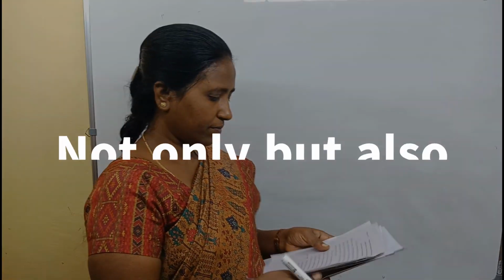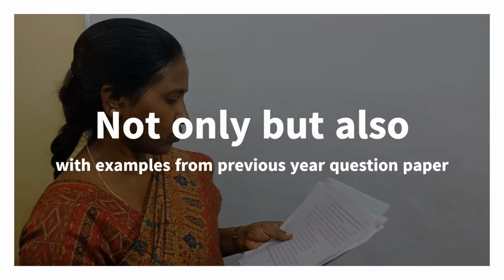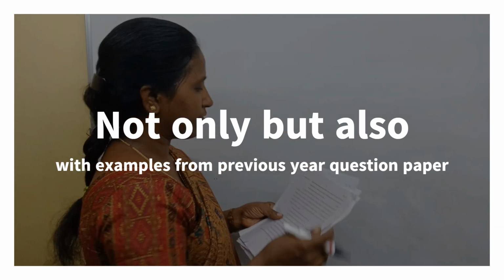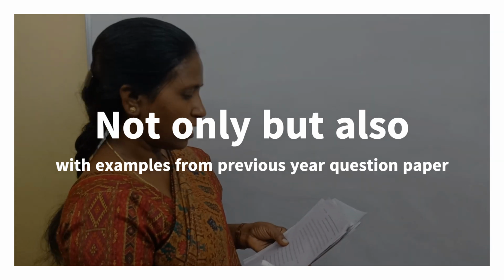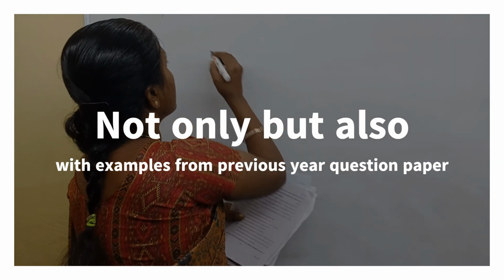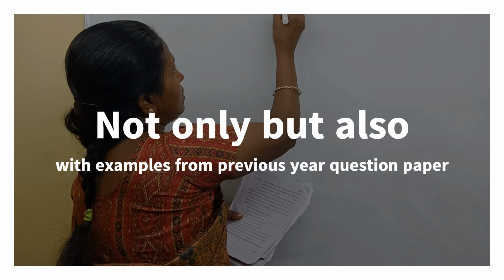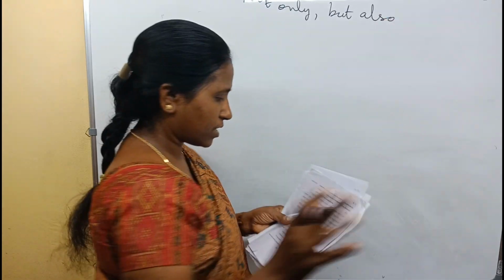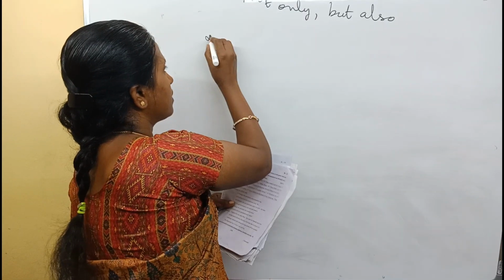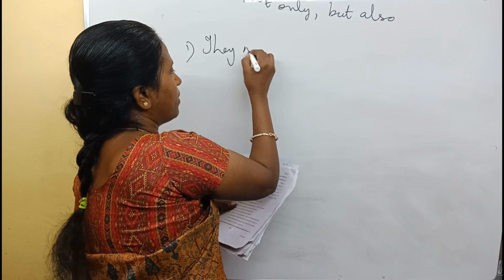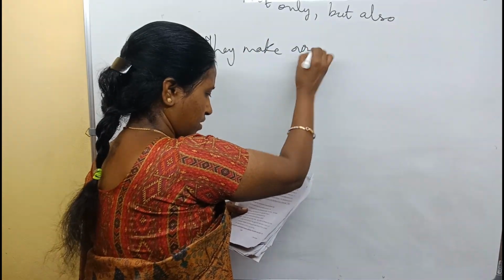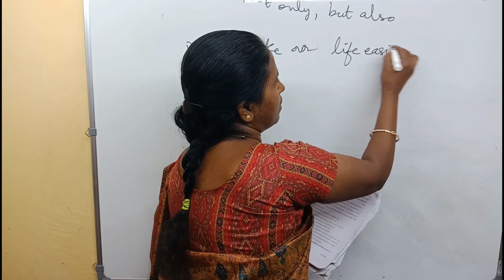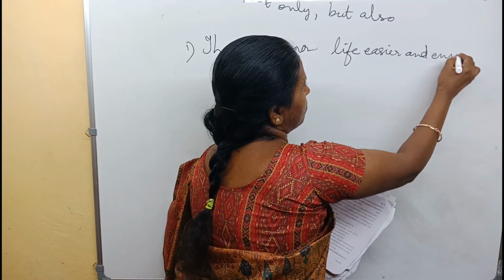Okay, next one is not only but also. Okay, how to use this not only but also. They make our life easier and enjoyable. Okay, so the concept here is not only but also. That means it is doing two tasks. Here the sentence is they make our life easier and enjoyable.